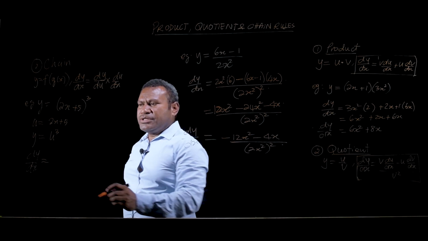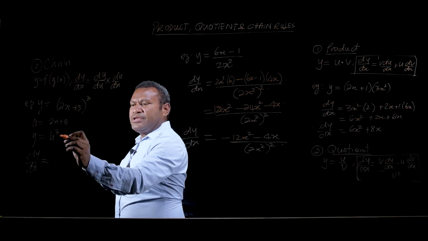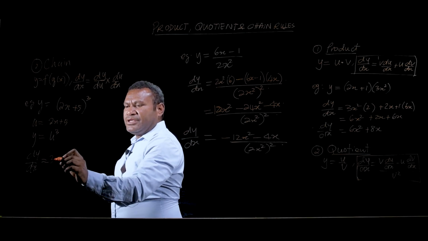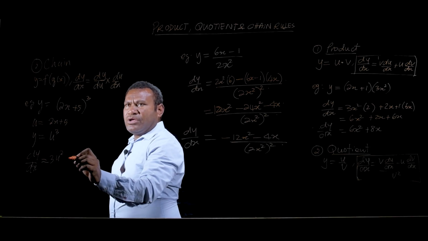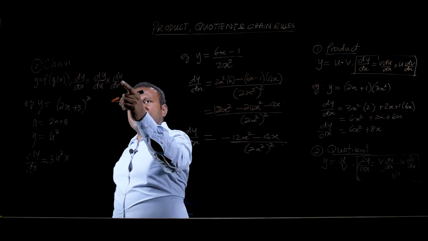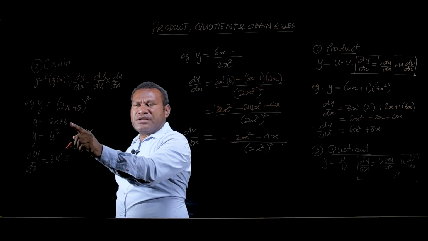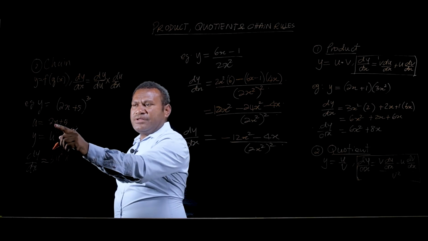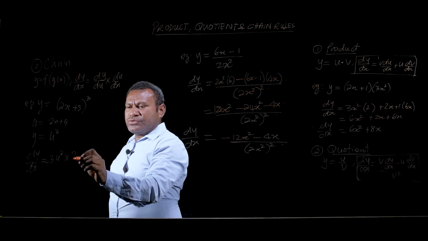All right, so applying the rule for differentiation, it will be, bring the 3 in front, 3u raised to the power of 2, and multiply by du over dx, which is basically the derivative of this function u. So the derivative of 2x plus 5 is basically 2.